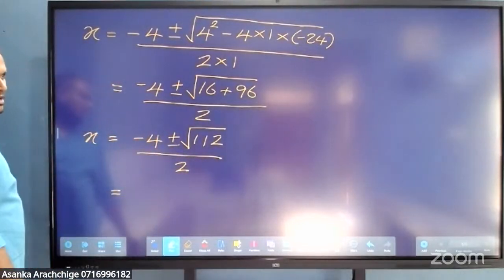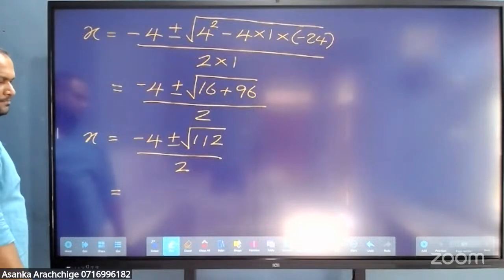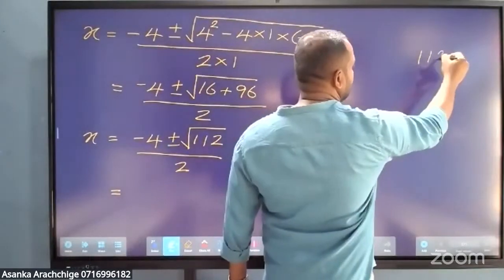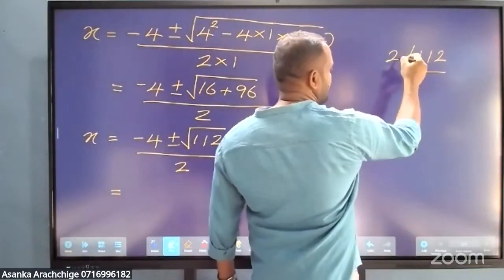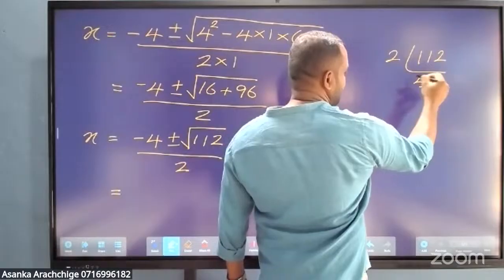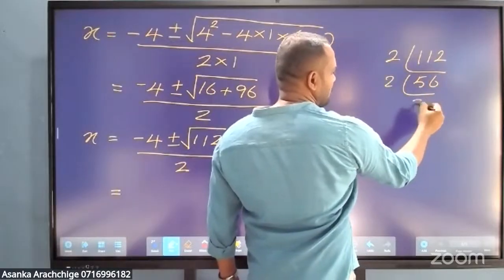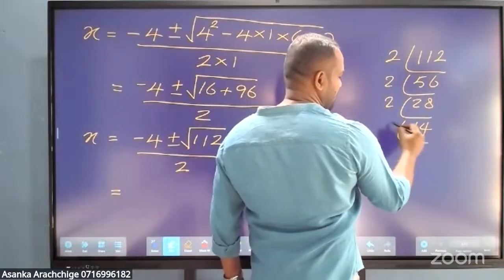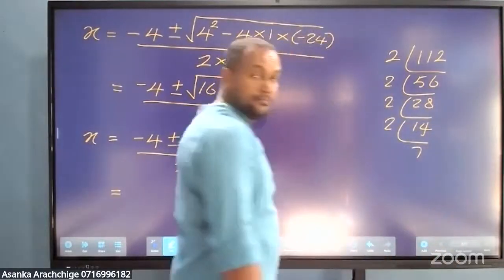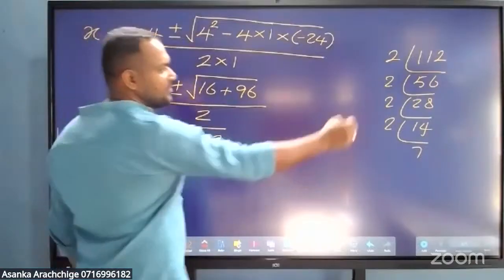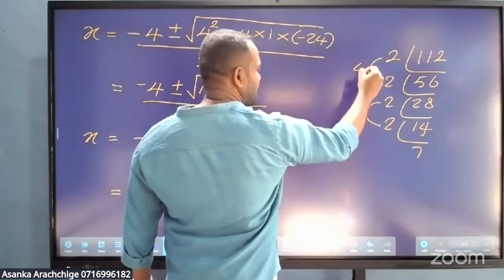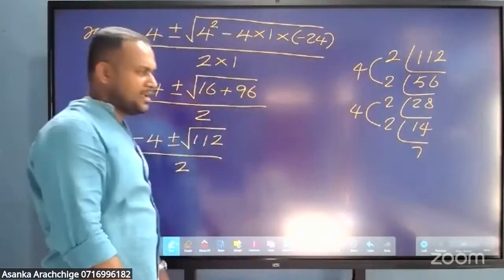Now divide 112 by its prime factors. 2 into 56, 2 into 28, 2 into 14, 2 into 7, which means 2 times 2 is 4, 2 times 2 is 4, 4 times 4 is 16, times 7.